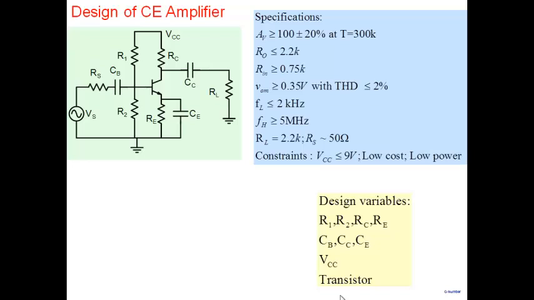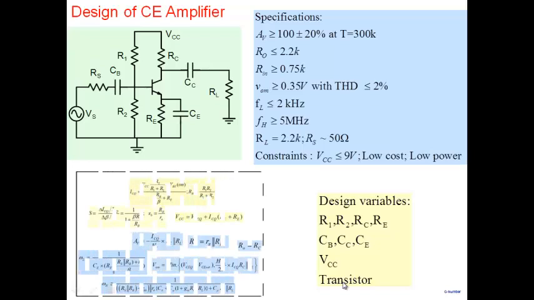There are hundreds and thousands of transistors available, and you have to choose a suitable transistor. So you have to carry out this particular design to meet these specs, and finally determine these variables here: R1, R2, all the resistors, all the capacitors, supply voltage, and transistor. And what is the knowledge base on which you are sitting?